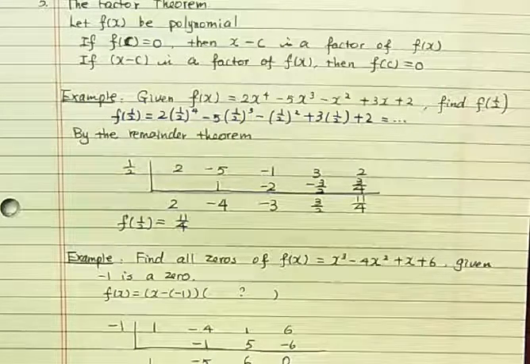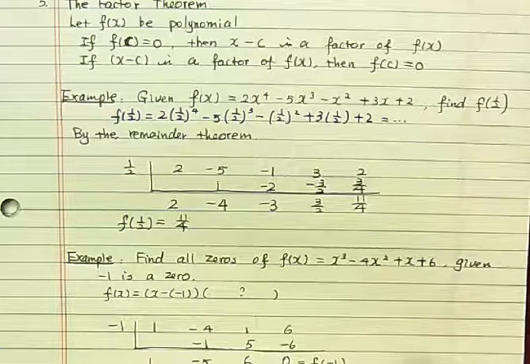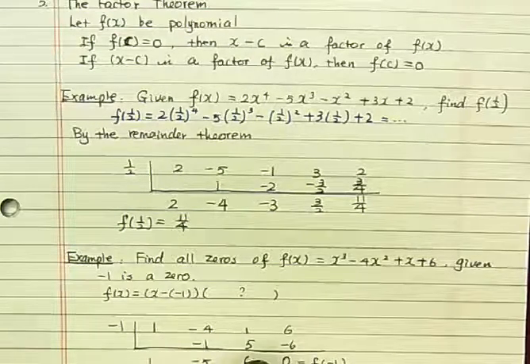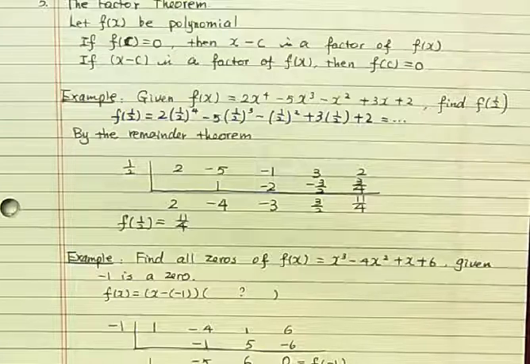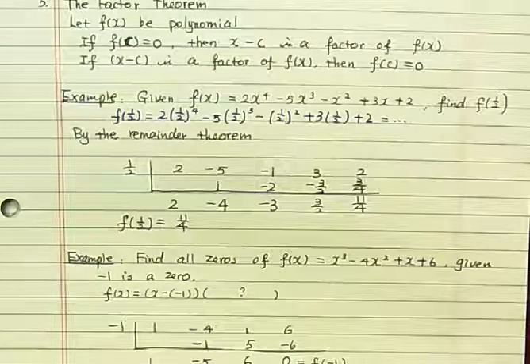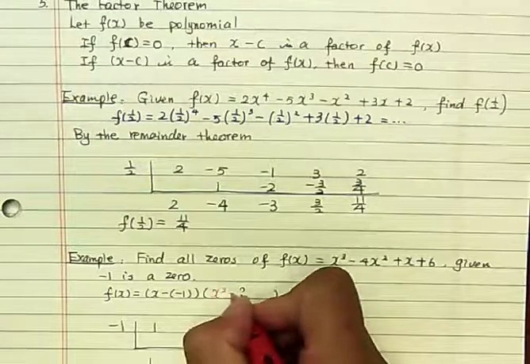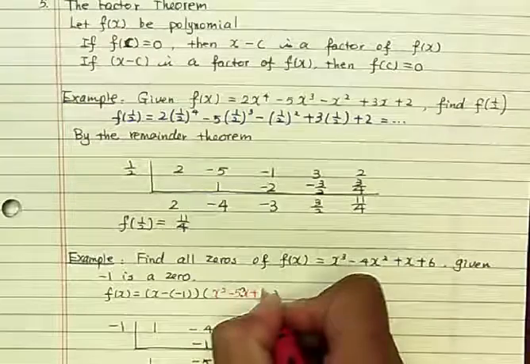See, it's a 0. That means f of -1 is correct; it's a 0. So this part is your quotient. The quotient is x squared minus 5x plus 6, which means the question mark is x squared minus 5x plus 6.